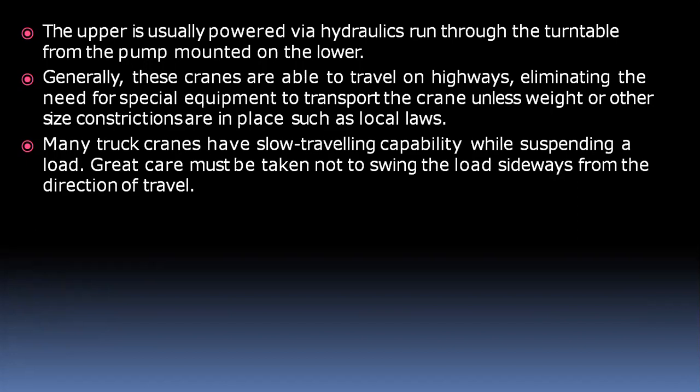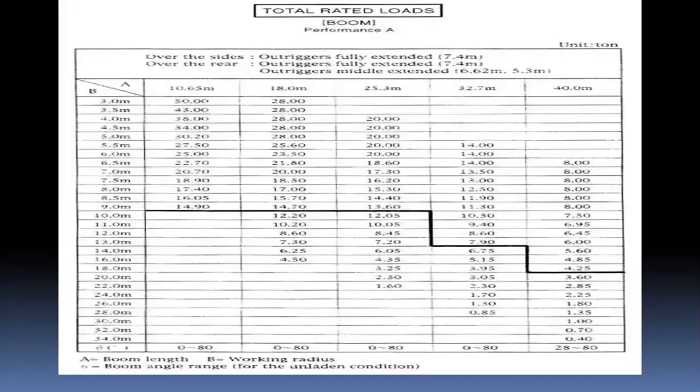Many truck cranes have slow traveling capacity while suspending a load. Great care must be taken not to swing the load sideways from the direction of travel. Here you can observe, if A is the boom length and B is the working radius, with a boom length of 10.65 meters it can work in a range of about 3.